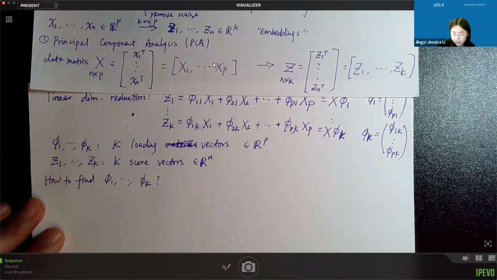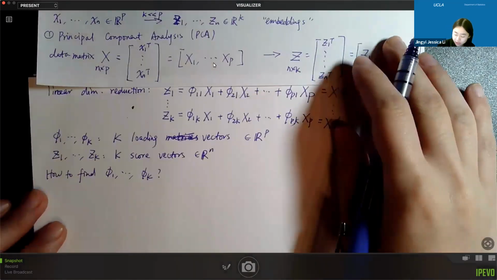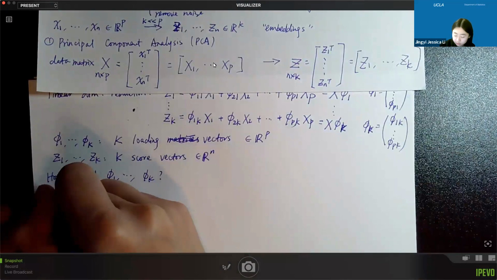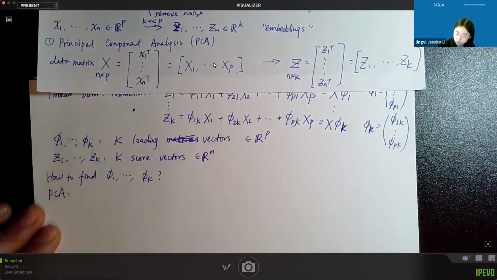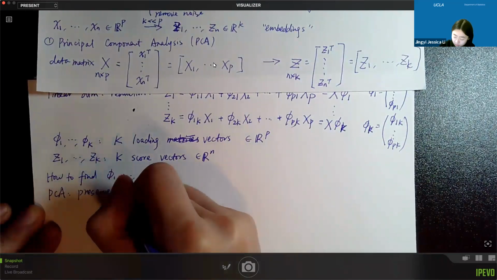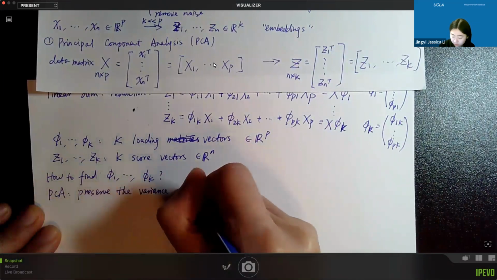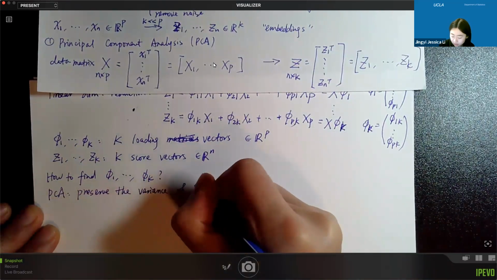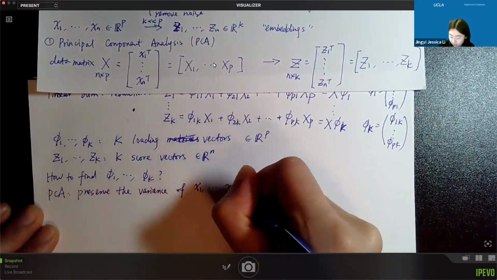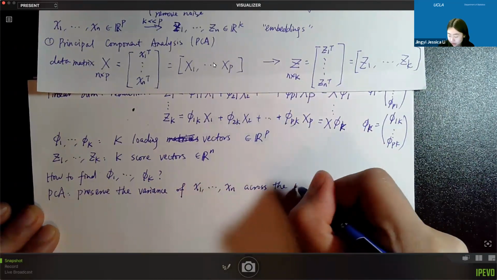In PCA, what we really want to do is to preserve the variance of my n data points x1 to xn across the original p dimensions.